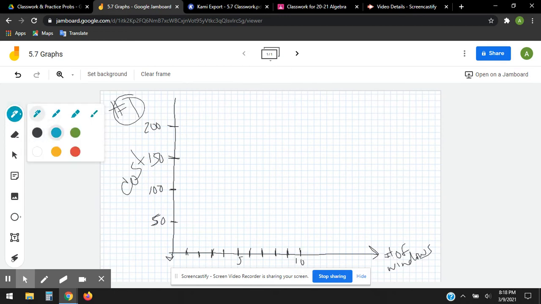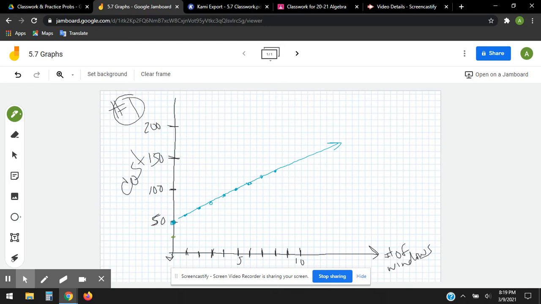For our first one, we had a y-intercept of 50, because it was 50, and then it was $10 for every window. So our first window would have been 60, then 70, 80, 90, 100, 110, 120, 130, going across this way. Our other one had a y-intercept of 25, so it starts right here, but it was going up 15 each time.